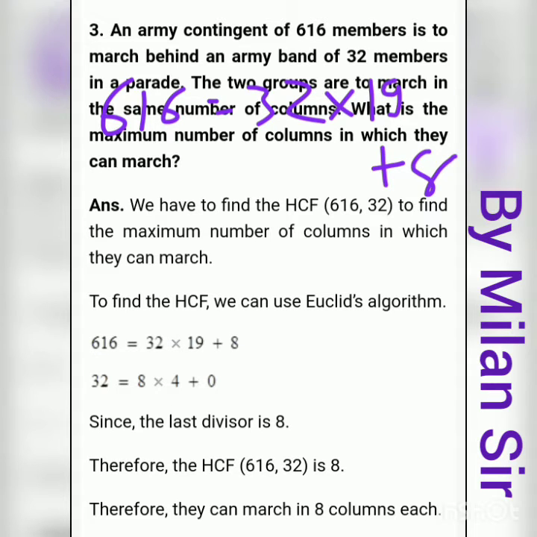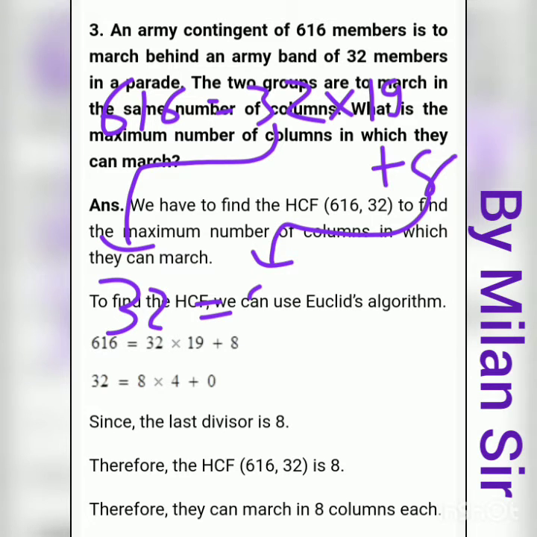And at last, we want the remainder as 0. Now this number we need to put here, 32, and this 8 we need to put here, right? Now 32 divided by 8: 8 fours are 32 plus remainder 0, right? Because 32 is divisible by 8, so 32 equals 8 multiplied by 4 plus 0.